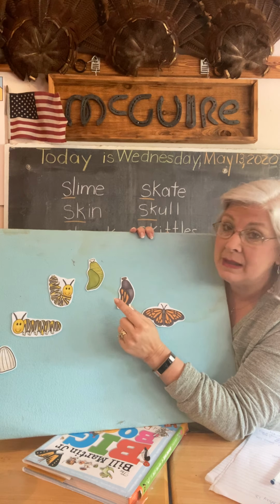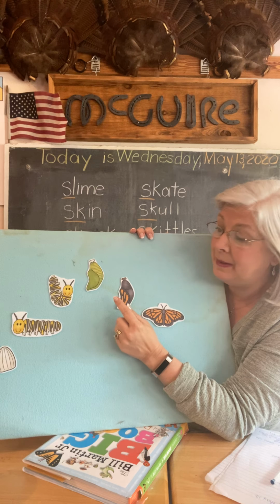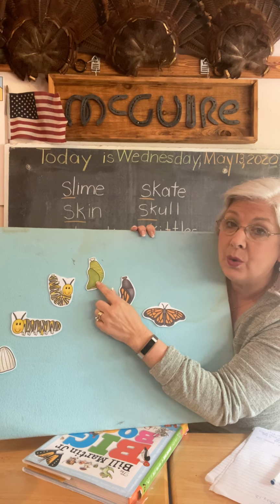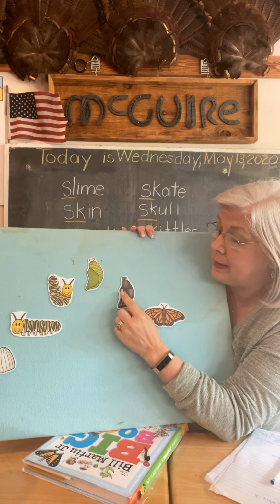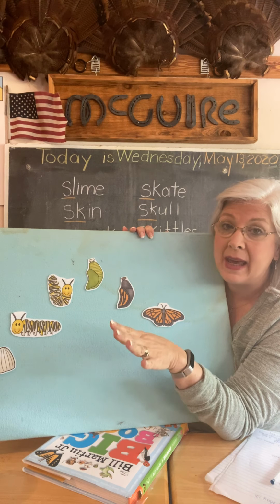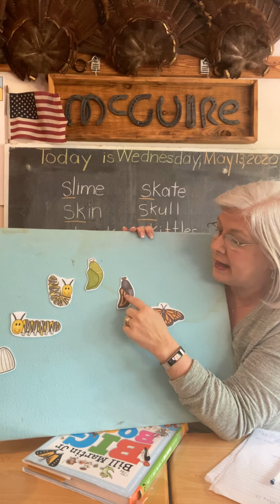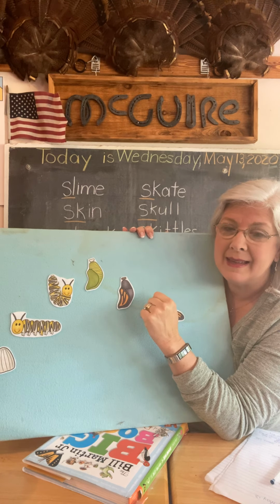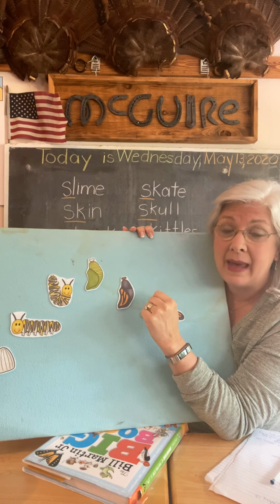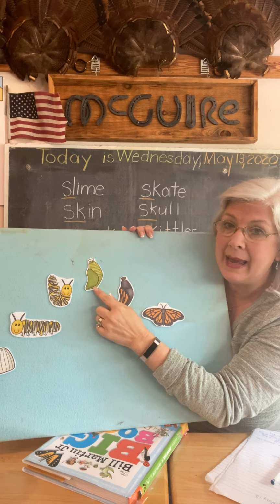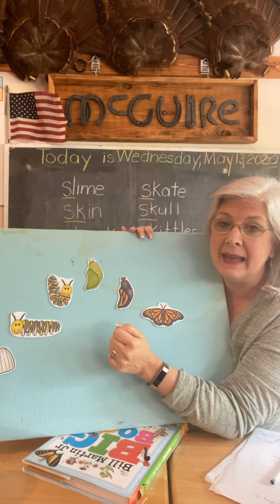And after his body has changed, this chrysalis or cocoon begins to open up, and he begins to push out, but not as a caterpillar. He begins to push out his wings. And now that caterpillar has become a butterfly. That's what happened while he was inside that house.